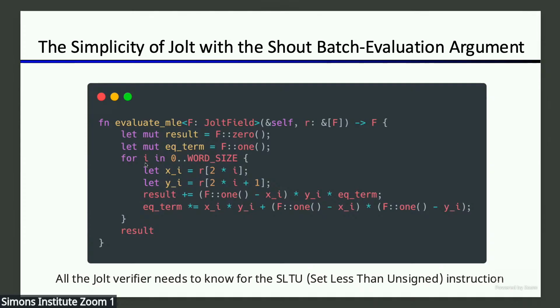In Jolt, this is the whole description for the verifier of this primitive instruction. It's basically one for loop to evaluate the multilinear extension of F. So rather than hundreds and hundreds of lines of code, it's like 5 lines of code. On the simplicity side, this is a significant positive.